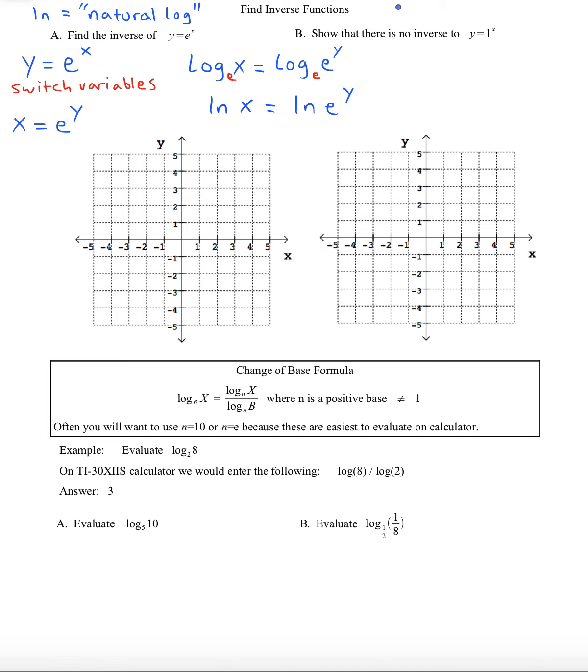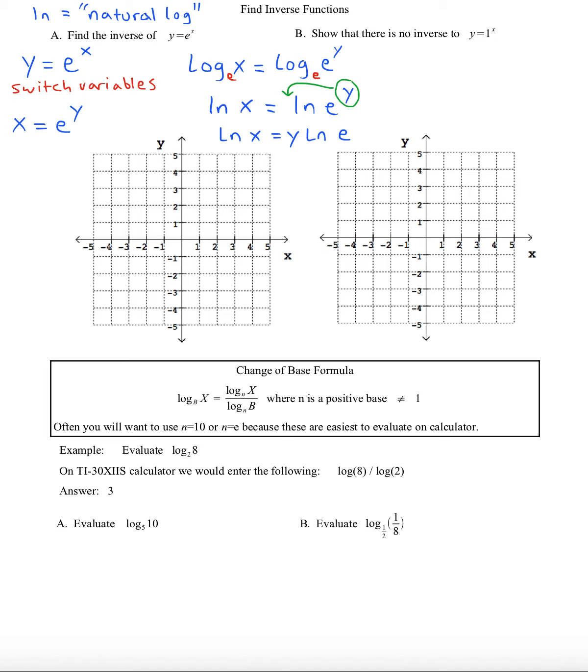Now, we could go ahead and take that y and bring it down in front, giving us ln x equals y ln e. And we're pretty much done with our problem. The last thing to do is to figure out what is ln of e, the natural log of e.